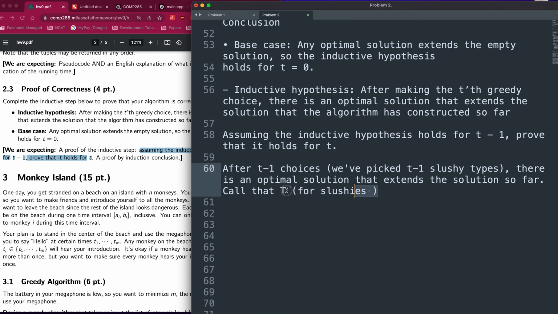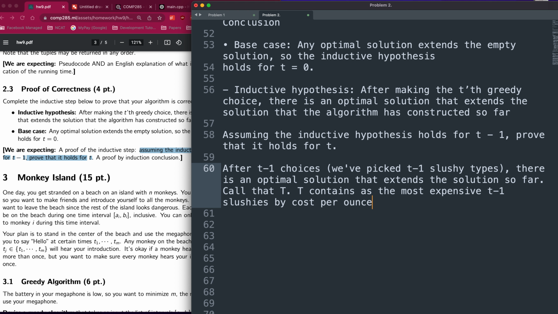T contains the most expensive t minus 1 slushies by cost per ounce, because we built it, and we're assuming that there is still an optimal solution that has the first t minus 1 things that we've picked, okay?